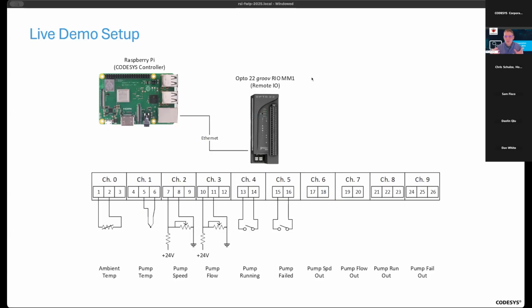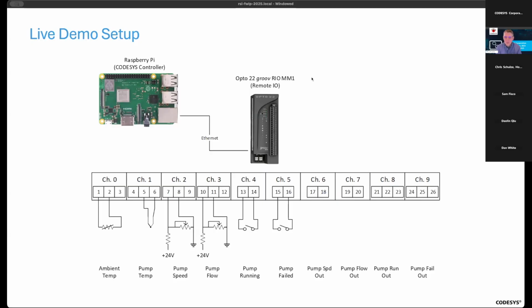So this was just my general test setup that we could experiment with and kind of show you how this all hopefully comes together. I will point out that the Rio, by the way, does support running CODESYS directly on that device.